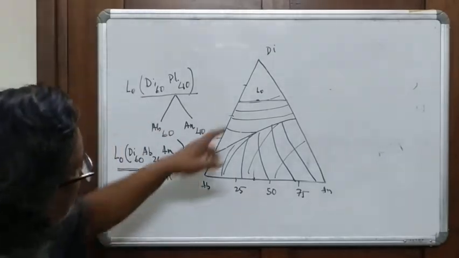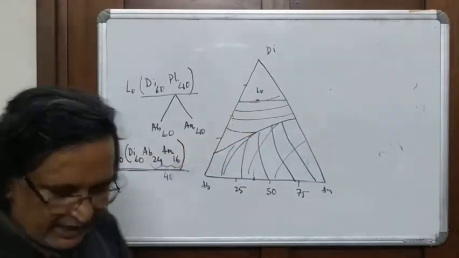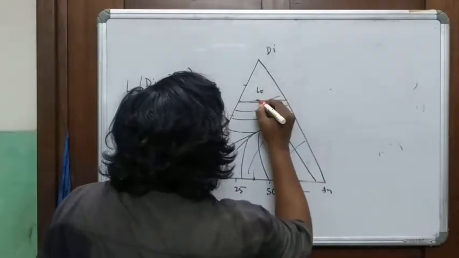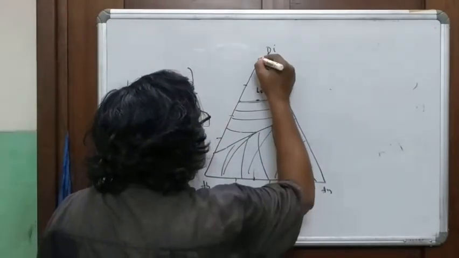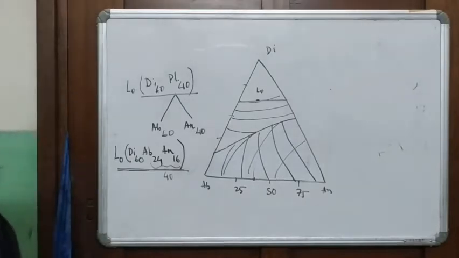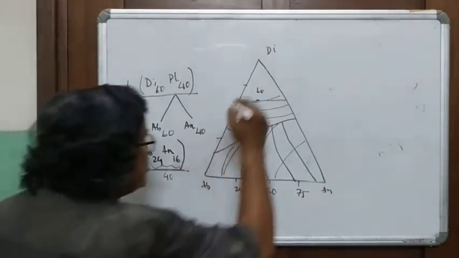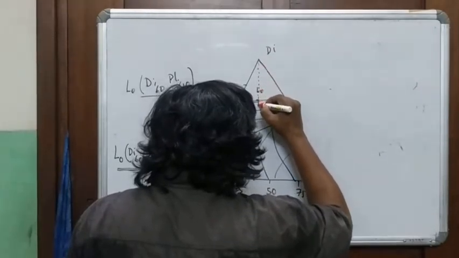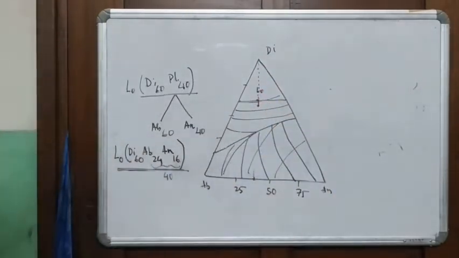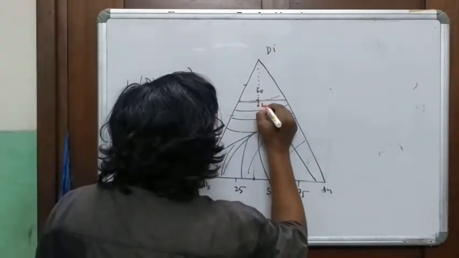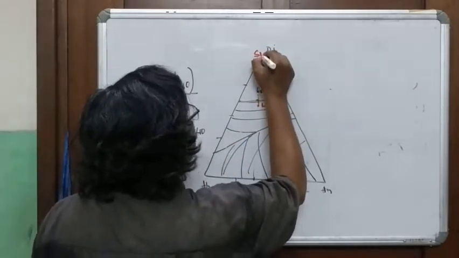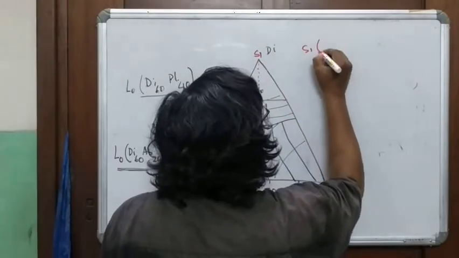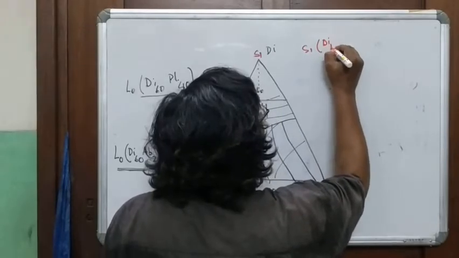Right? So the moment diopside starts to crystallize, the melt composition has to move away from diopside. Yes or no? Away from diopside. So the only way this can be done is you have a line and you join it. Let's say this is L1 and this is S1. What is S1? S1 is diopside 100.